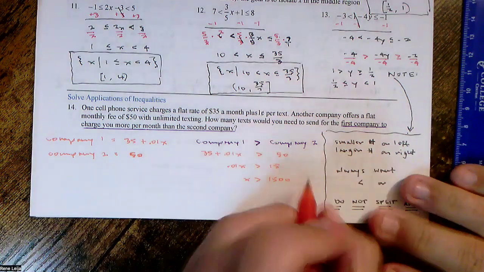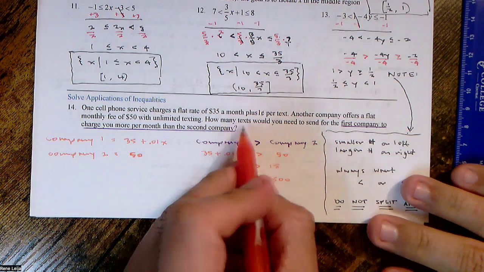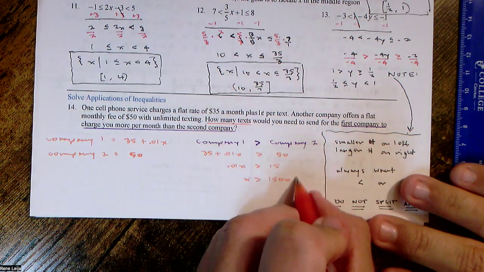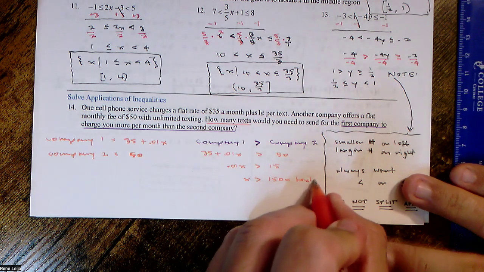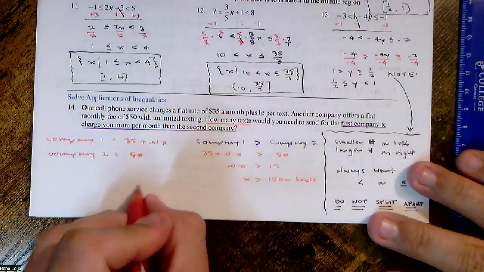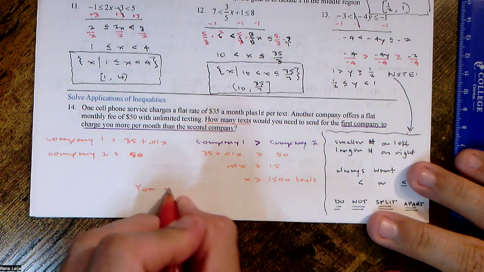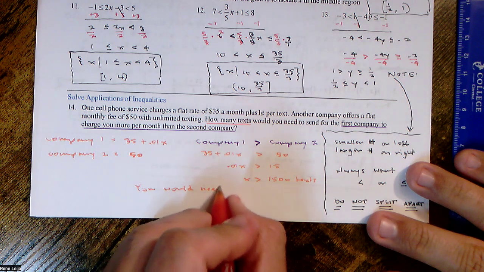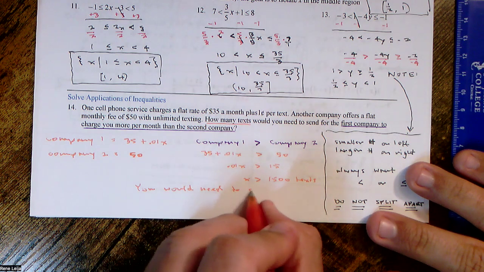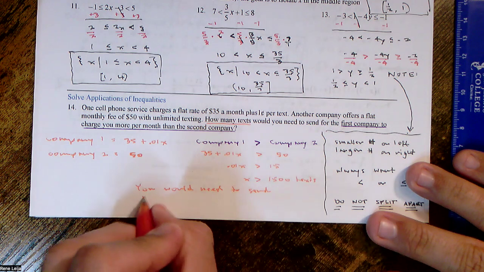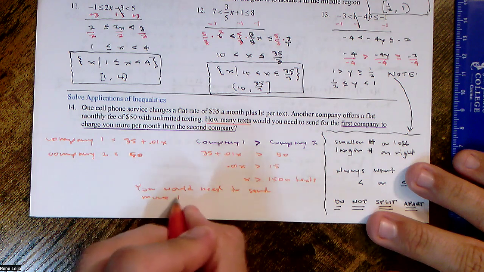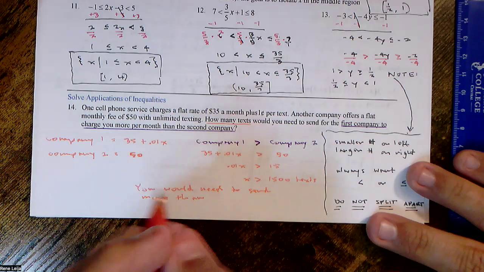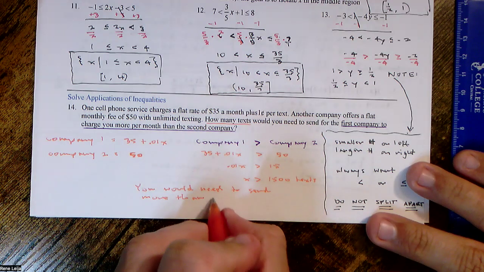Well, we just found, because it says how many texts, that means you would need to send more than 1,500 texts per month.